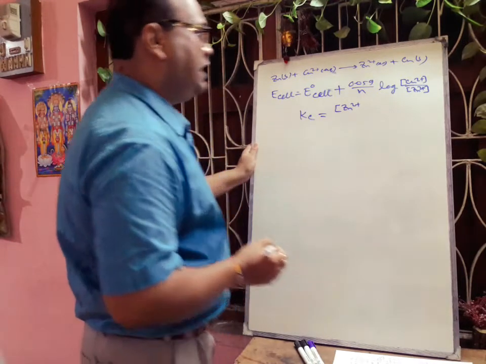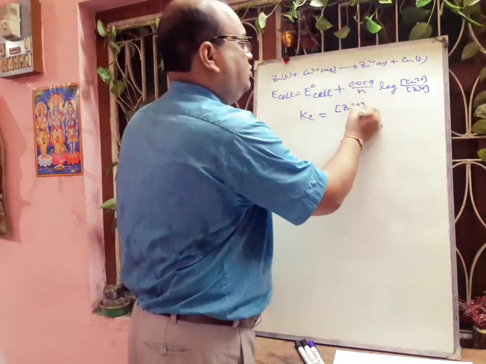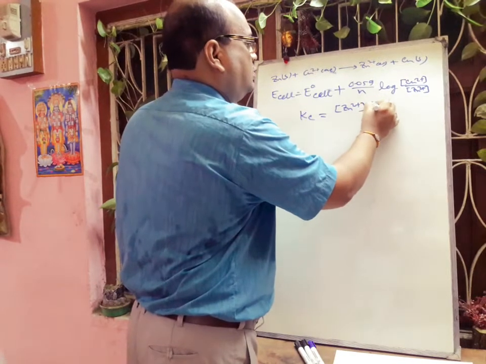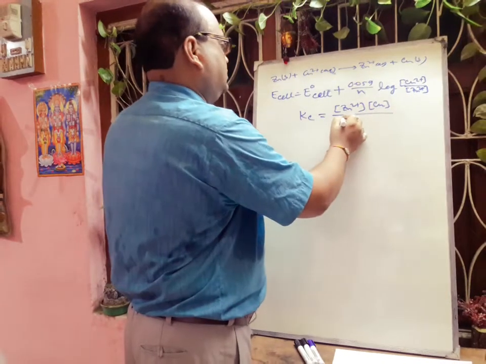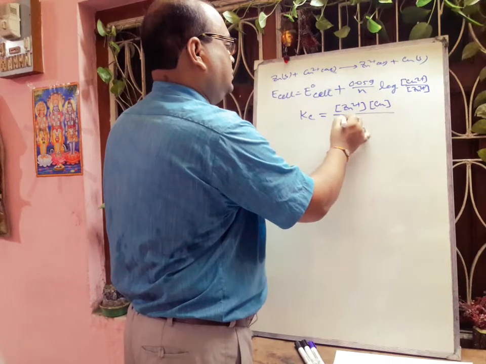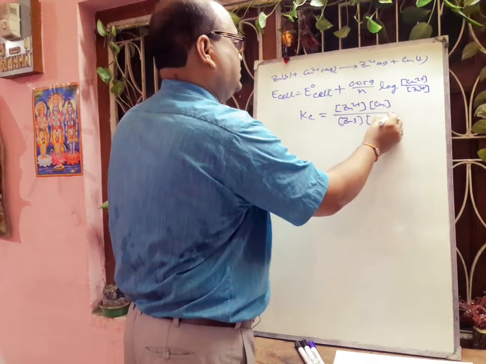Or here we can write the solid part also, so that you can understand it: Zn2+ into Cu divided by Zn solid concentration divided by Cu2+.